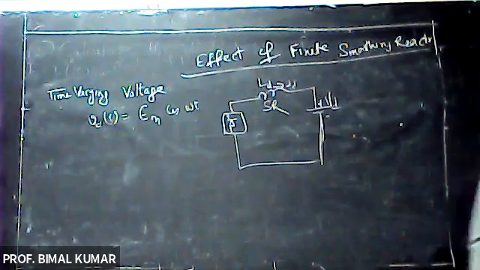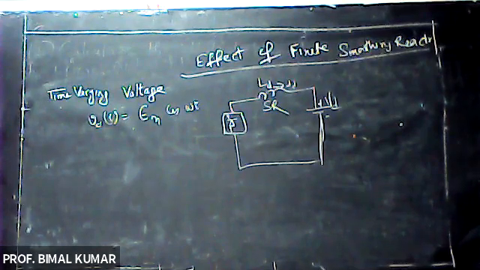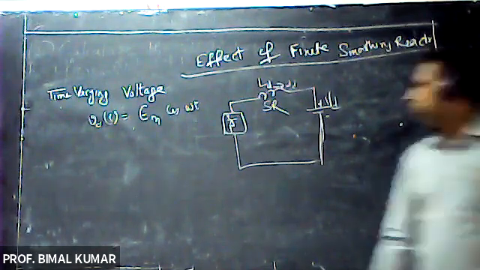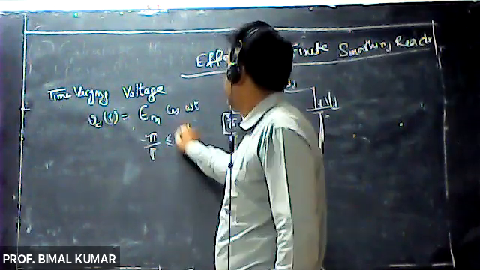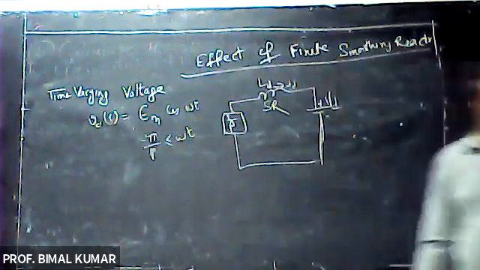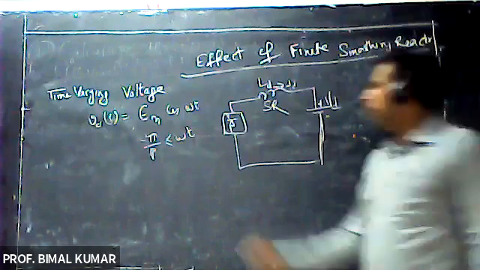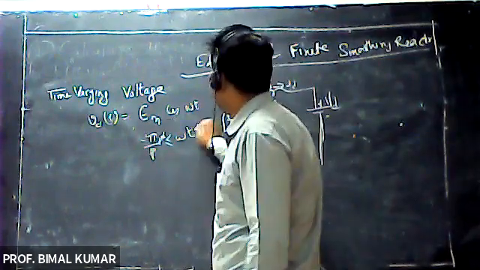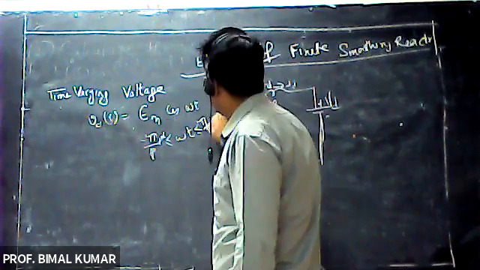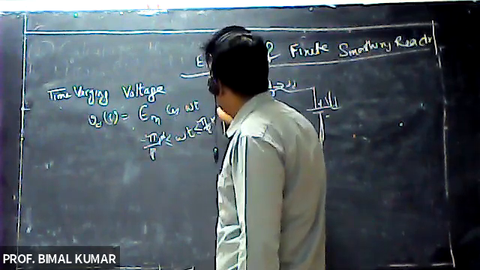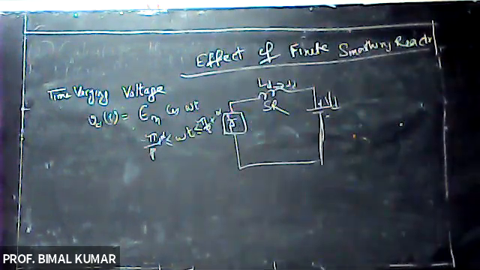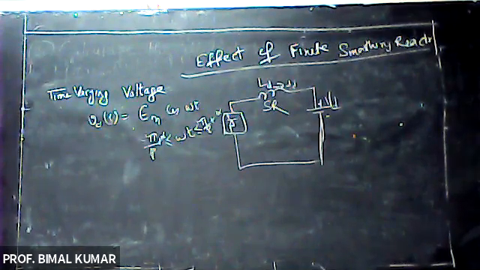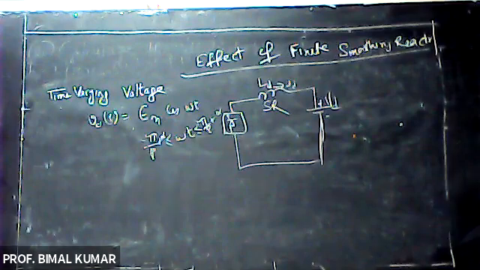VD of t is given by Em cos omega t for omega t from minus pi by P plus alpha to pi by P plus alpha. In the first case, this will be minus pi by P plus alpha, and in the second case, this will be pi by P plus alpha.